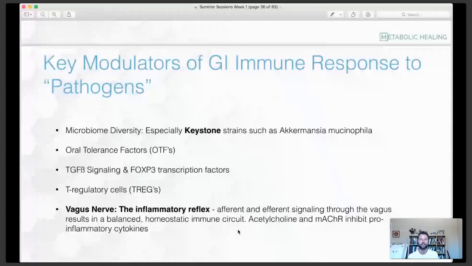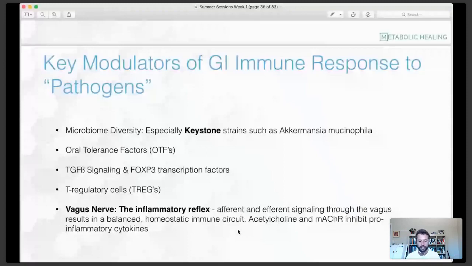But there are other factors that will influence the GI immune response. So the oral tolerance factors, for example. TGF beta signaling, the FOXP3 transcription factors, T regulatory cells, or Treg cells. These control how the immune system responds to bugs. There's a paper titled TGF beta, master regulator of the gut microbiota. Who's looking at this? This is the thing: when you run a stool test that detects all these pathogens, nobody's looking at what all of these things are doing.